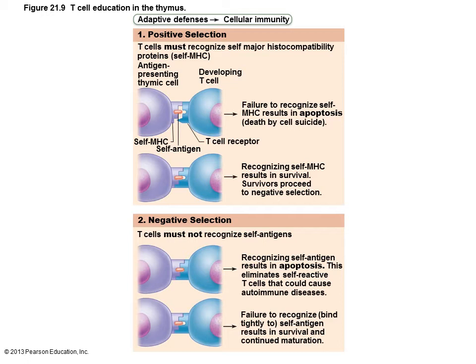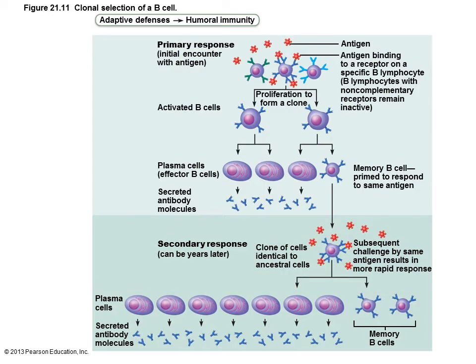That's called positive selection. Negative selection involves that if they recognize their self antigen, then they have to die. Otherwise, they will cause autoimmune disease, because you're not supposed to attack yourself. You're supposed to attack something else. So this is called negative selection.